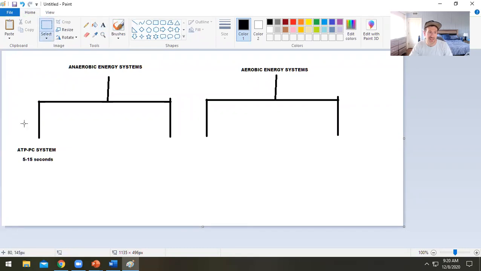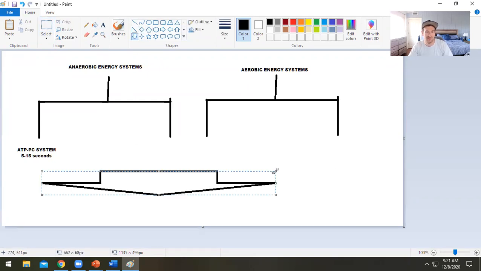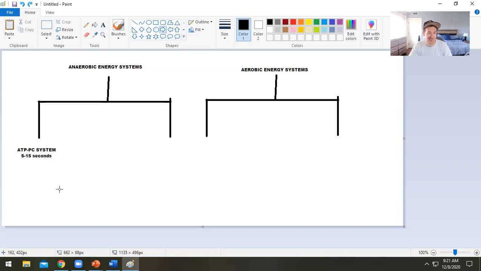That's not inaccurate, it's just that there's a lot of research that says it can last a little bit longer. So it starts with your ATP PC system, and it's going to work its way from here over to here, over to here, over to here, right?